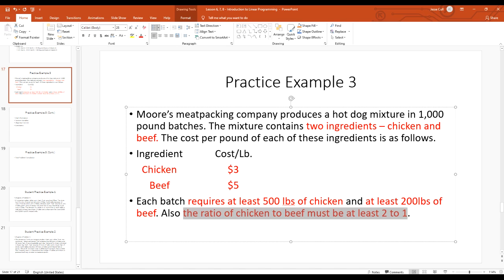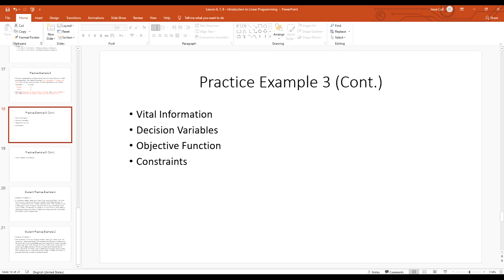So we have our decision variables, our objective function, our constraints. And now we've completed our 3 steps necessary in problem formulation. So let's go to the next page and write down our 3 key steps.